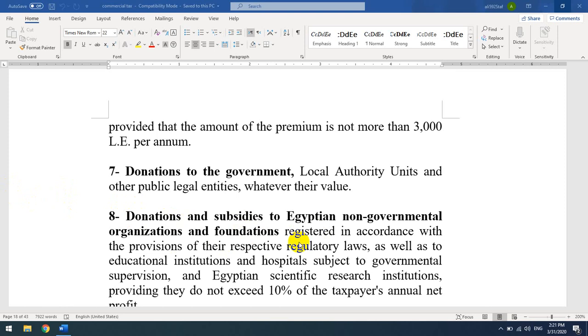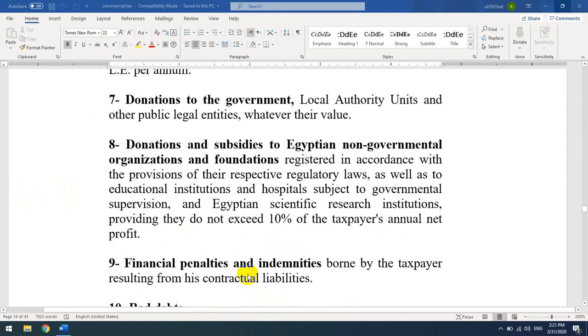these donations are limited to 10% of the taxpayer's annual net profit. The upper limit to this amount equals 10% of the annual net profit.